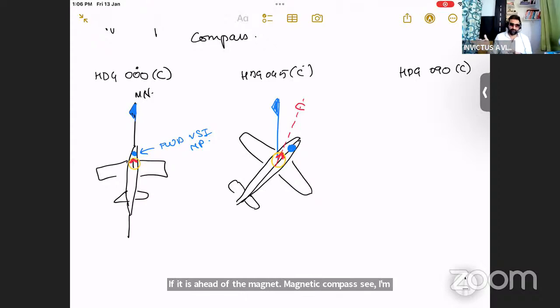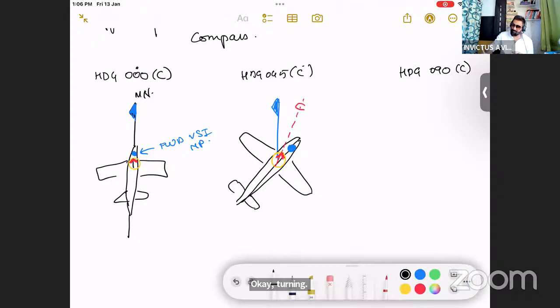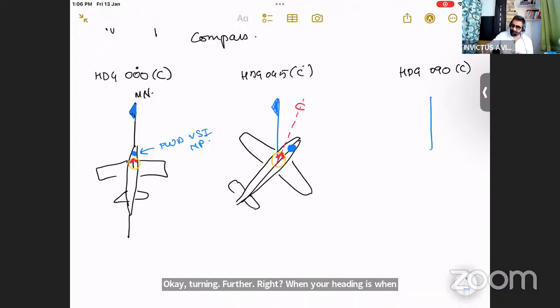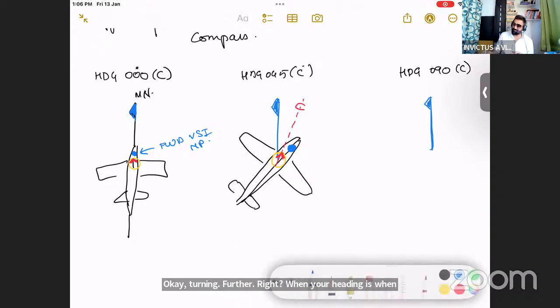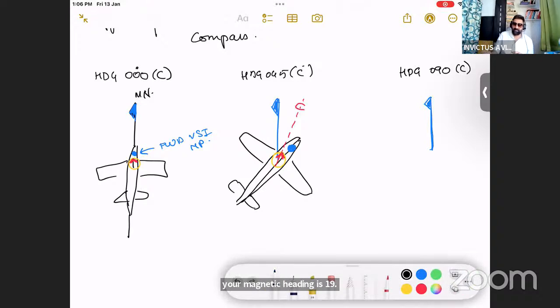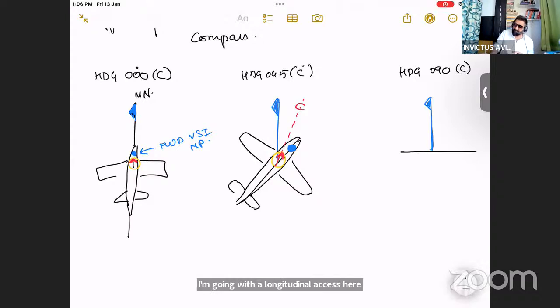Turning further right, when your magnetic heading is 90, magnetic north will remain straight. Let's say that I'm going with a longitudinal axis here. So my aircraft is like this, heading 90.